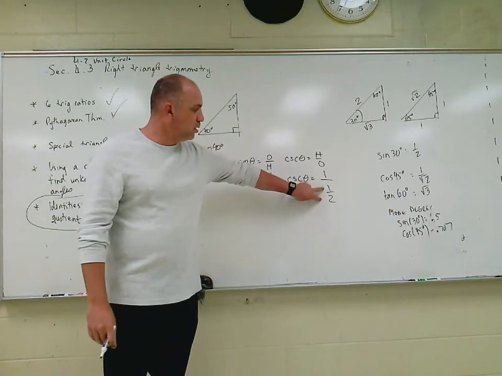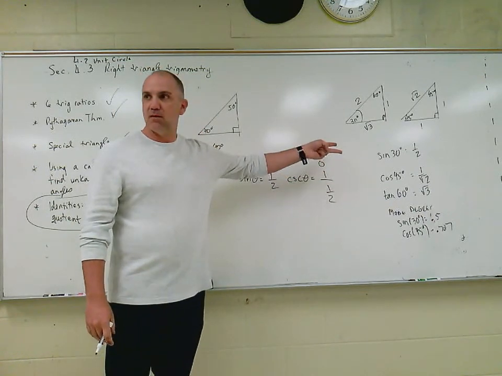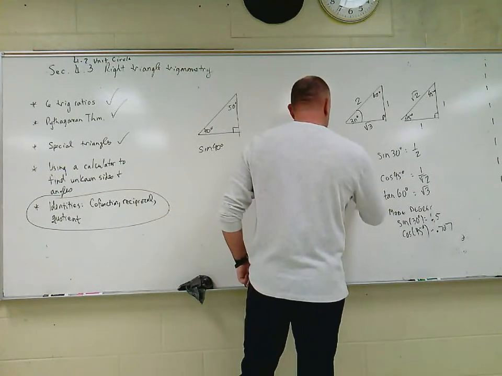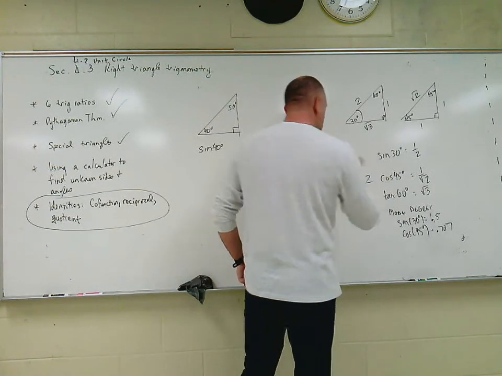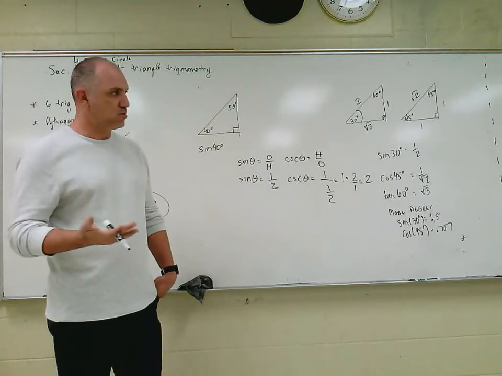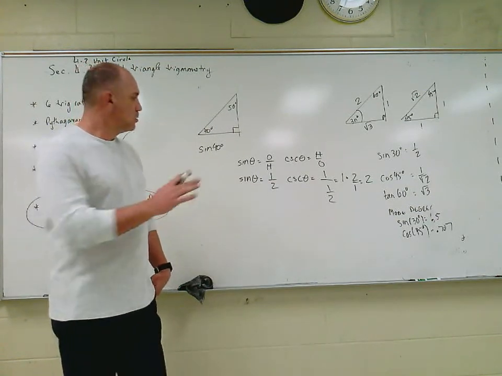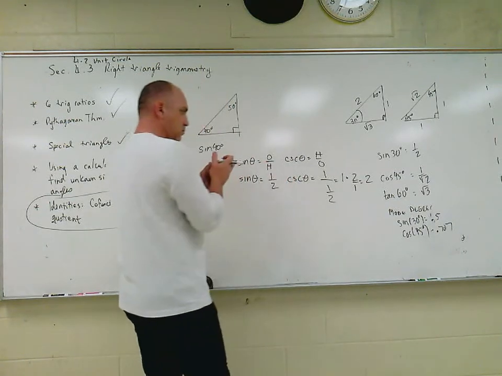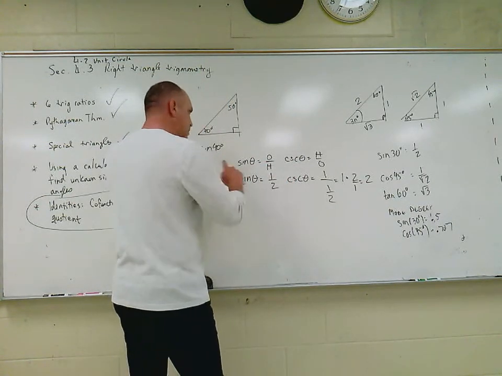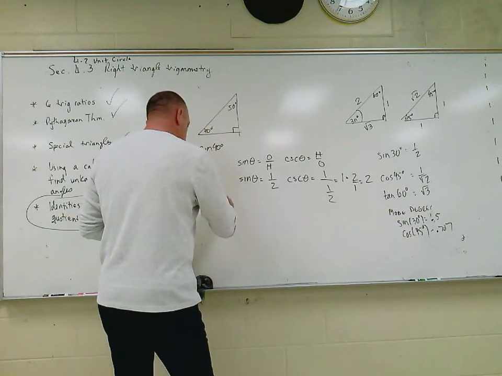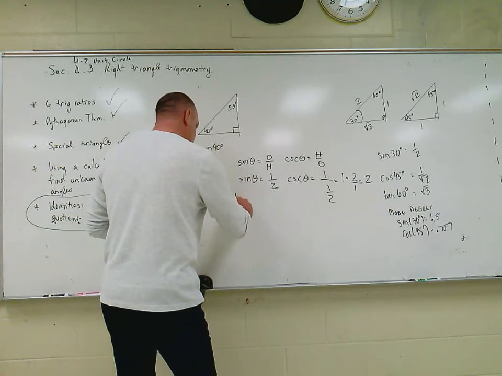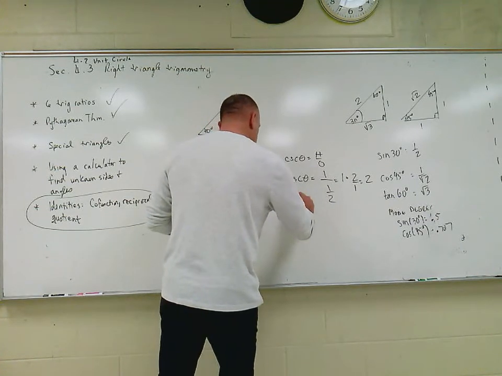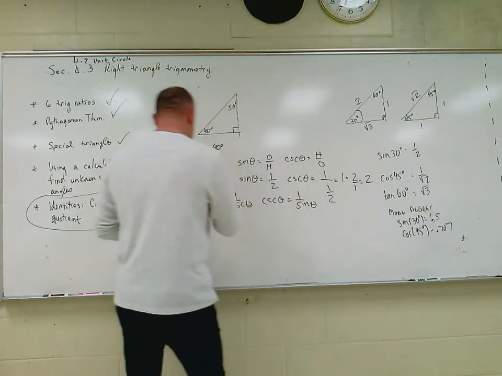Well, what's the rule? When you divide, you can flip and multiply. So 1 over 1/2 is the same as 1 times 2 over 1, which is 2, which is what cosecant should be. So we're going to connect these two with a little rule. If they're reciprocals, sine should equal 1 over cosecant, and also cosecant is equal to 1 over sine. This is what it means to be reciprocals.